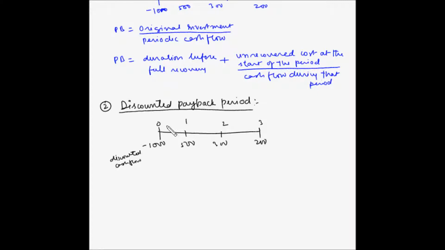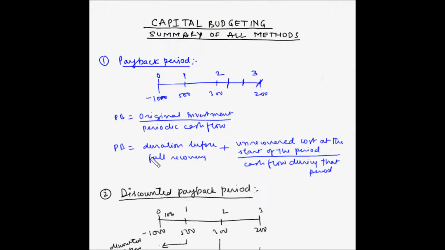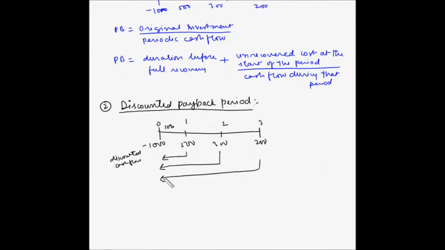So let's say the cost of capital is 10%. Here we'll find out what will be the value of this 500 rupees when discounted at 10%, what will be the value of this 300 rupees and what will be the value of this 200 rupees, and then we'll use the same formula as for the regular payback to find the payback period.